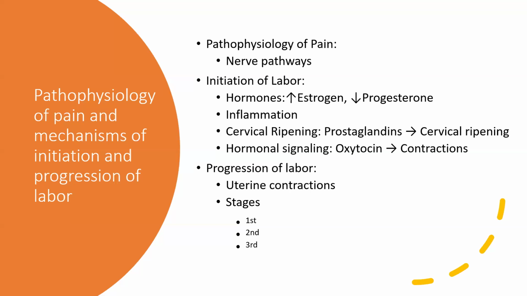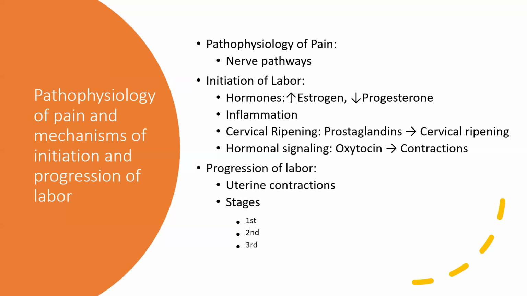But pain signals can come from the visceral as well as the somatic nerve fibers, and they travel to the spinal cord, and from the spinal cord, the signals are then relayed to the brain where they're interpreted as pain. So basically, it's from these somatic nerve fibers, they travel to the spinal cord, and then from the spinal cord, they travel to the brain where they're interpreted as pain.